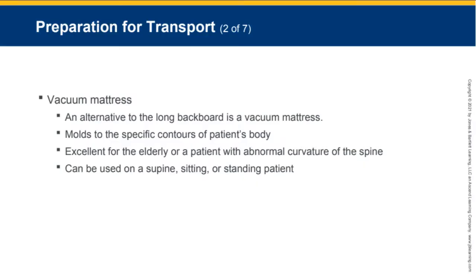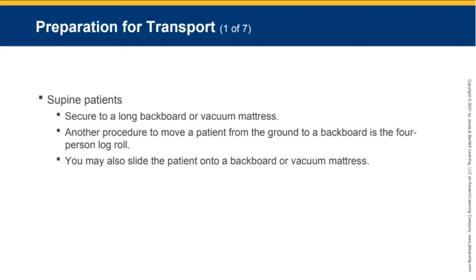Point to note: once you get a patient sitting, standing, on their side, or on the belly, you have to put that patient supine on a spine board. Use your reasoning ability.